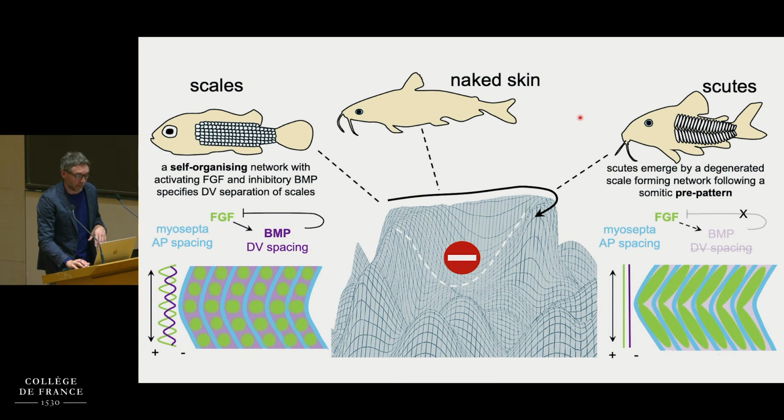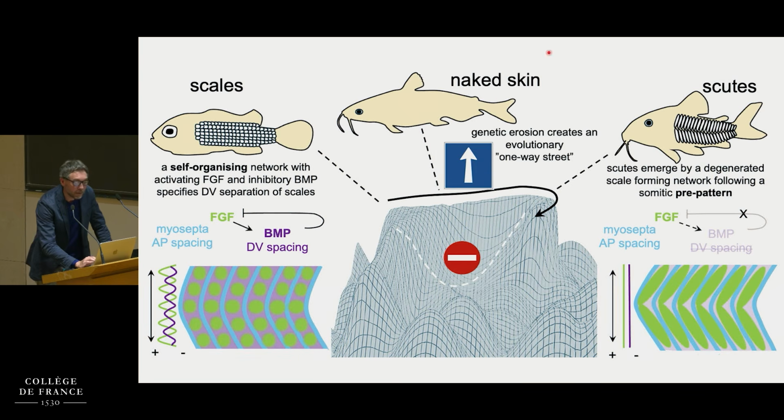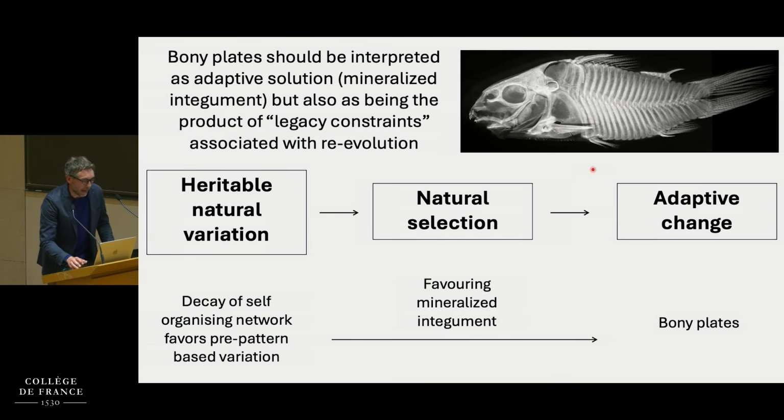But if you put in between a phase of naked skin, fishes that lost the selective pressure to have a mineralized integument evolved a naked skin, and then suddenly are faced with selective pressures to come up again with a mineralized skin, they probably find their way back to scales blocked by genetic erosion of the underlying networks. The only way to go forward and mineralize their skin is basically to rely on the pre-pattern, and the outcome would be bony plates.